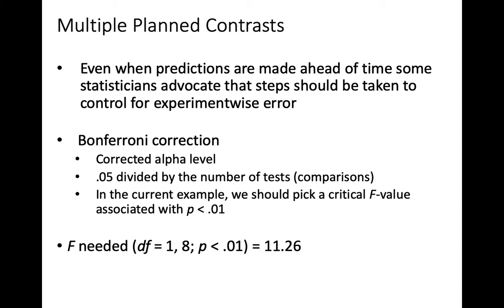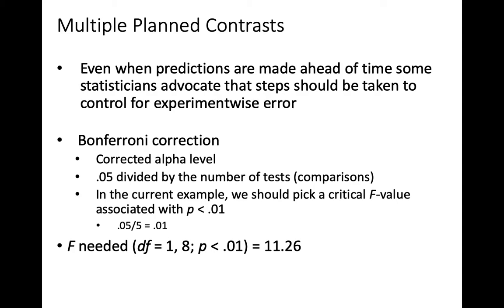So in the current example, we're going to pick a critical value of F that is associated with a probability of 0.01, and that's determined by taking our original alpha 0.05 and dividing by 5 tests. If you go back to the previous slide, you'll see that there were 5 comparisons that we were instructed to do. So we need a critical F based on 1 degree of freedom between, because all simple comparisons are just between 2 means.